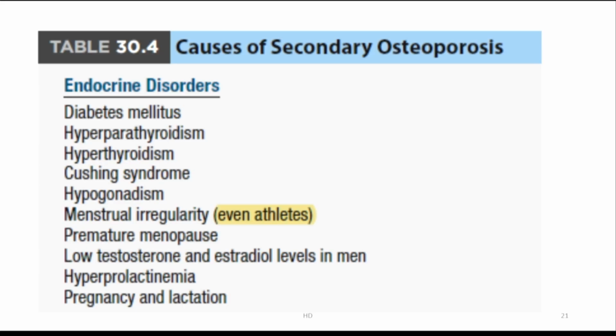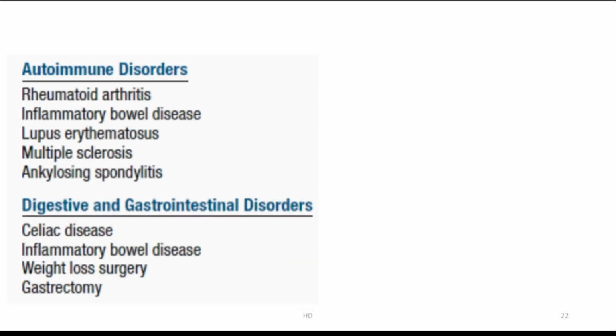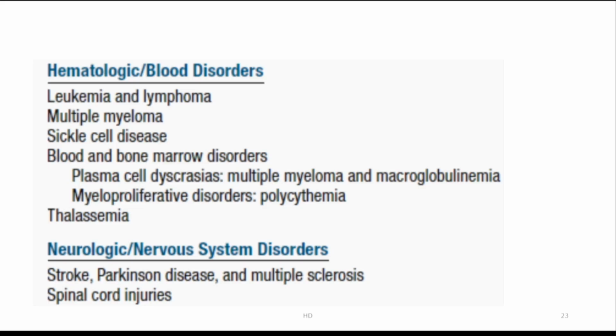Now moving on to secondary osteoporosis, here we will discuss only the causes in short. So endocrine disorders that have been shown to be associated with secondary osteoporosis include diabetes mellitus, hyperparathyroidism, hyperthyroidism, hypogonadism, and Cushing's syndrome, etc. Autoimmune disorders such as rheumatoid arthritis, IBD, lupus, multiple sclerosis, GI disorders such as celiac disease and weight loss surgery, they have also been shown to be associated with secondary osteoporosis.